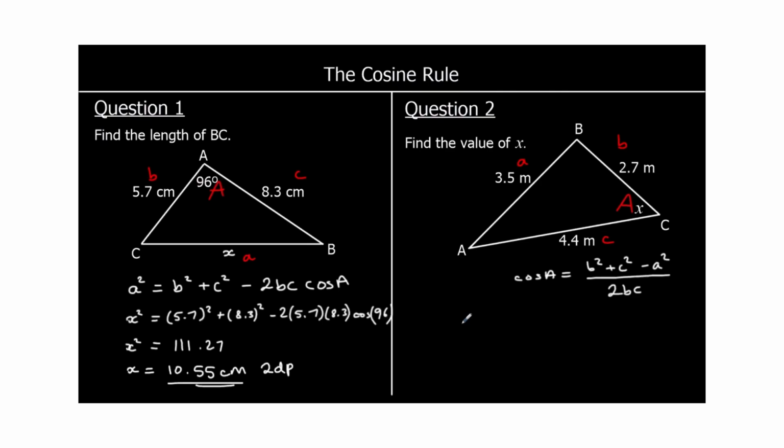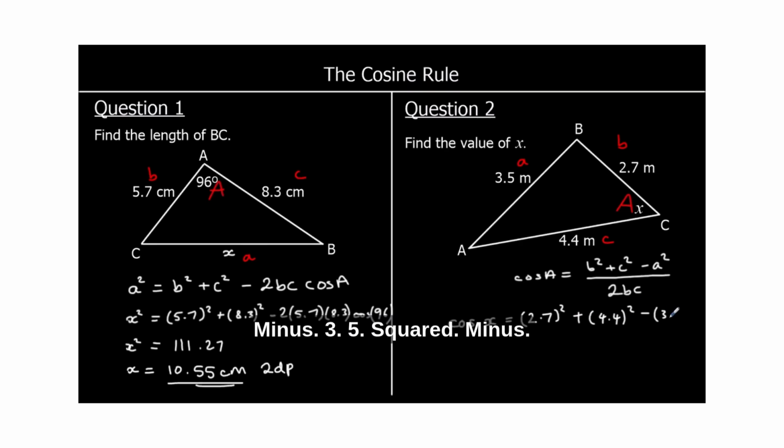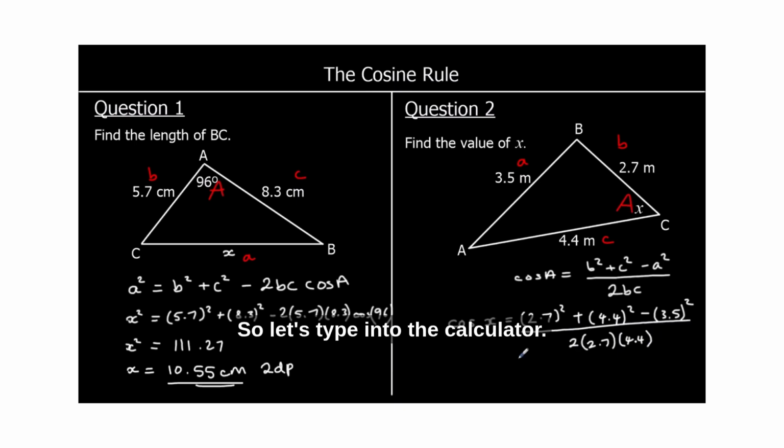So let's substitute in. So we have cos x equals 2.7 squared plus 4.4 squared minus 3.5 squared over 2 times 2.7 times 4.4. So let's type into the calculator.